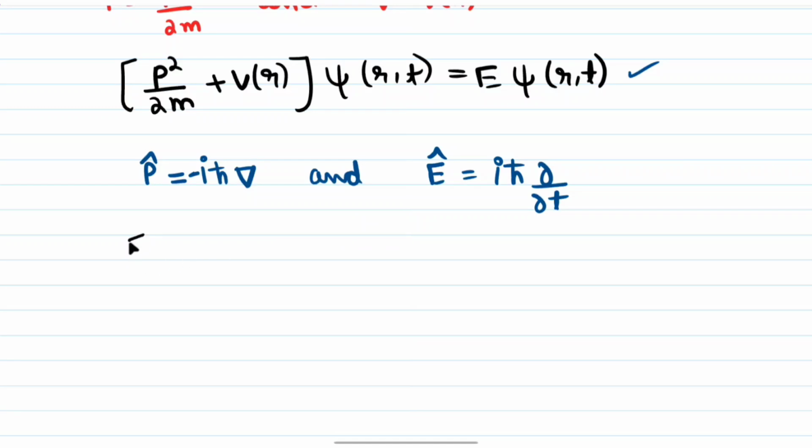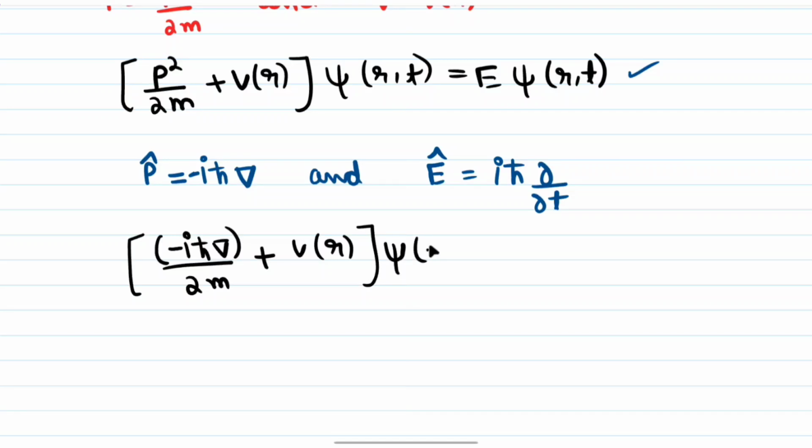So the above equation becomes minus i h cross del divided by 2m plus V of r, the potential energy, acting on the wave function phi of r comma t, equals i h cross dou by dou t into phi of r comma t.